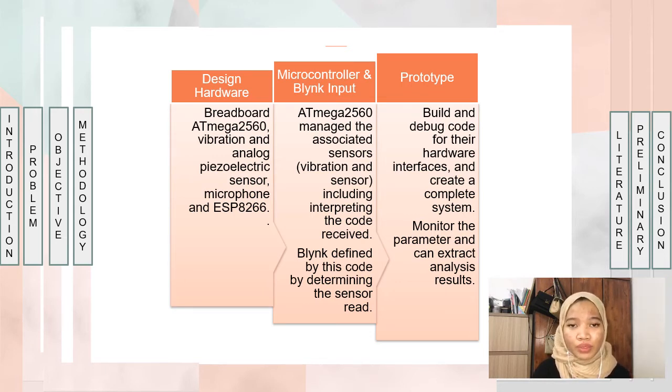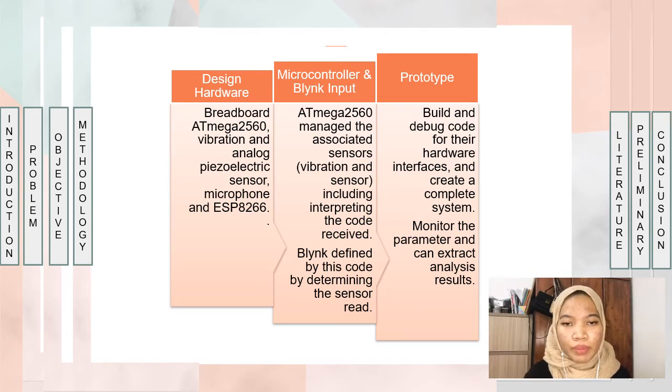Blynk was chosen for this project because the platform allows individuals to create interfaces rapidly with iOS or Android to manage and monitor their hardware projects, and all the information on all microcontroller-connected sensors should be displayed.